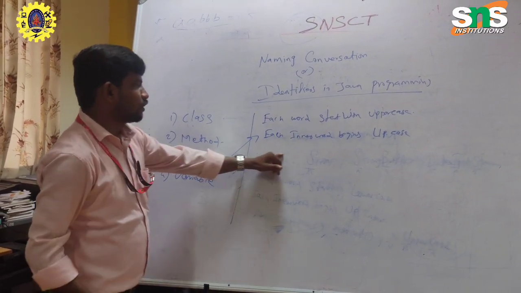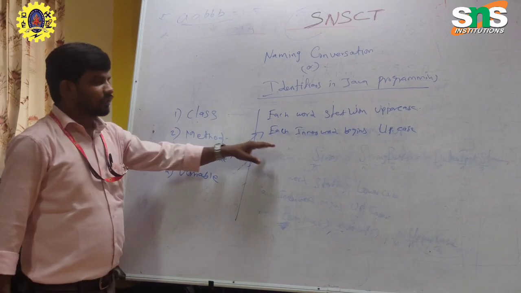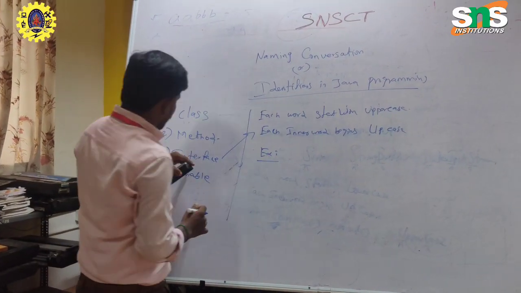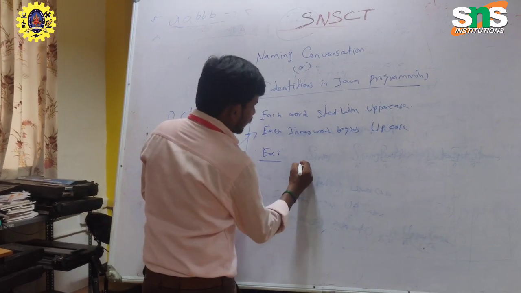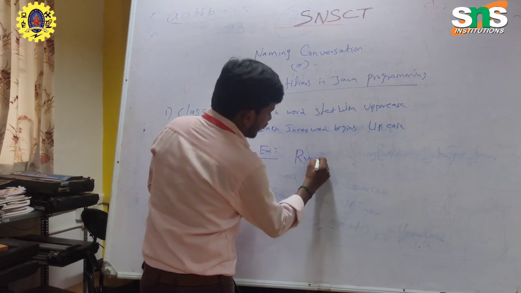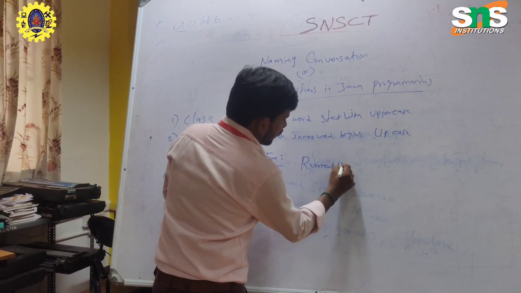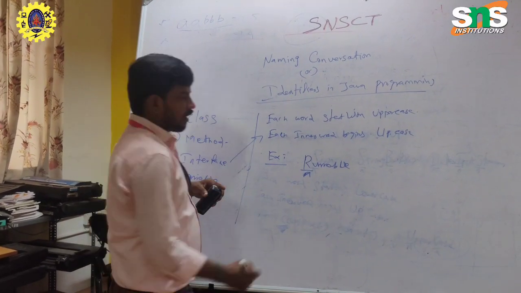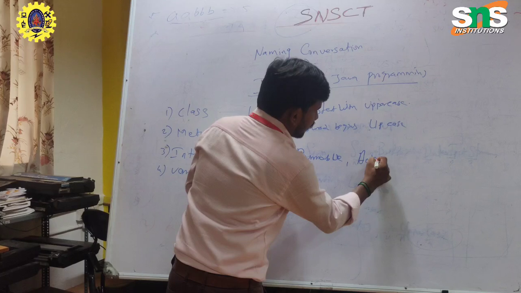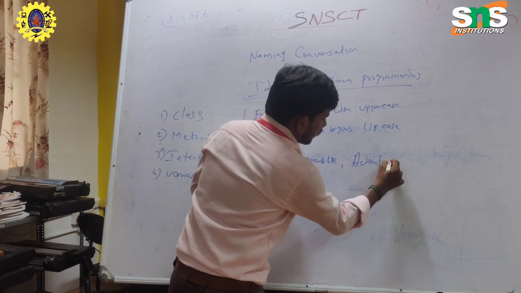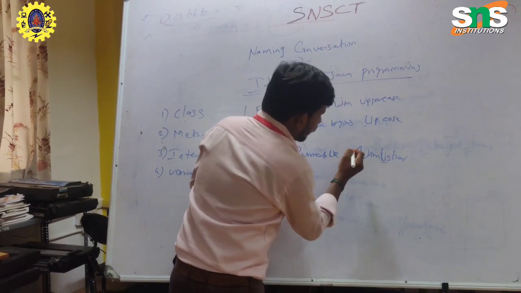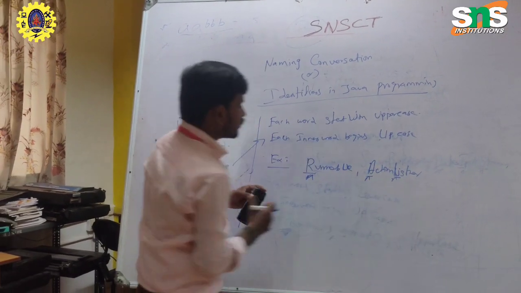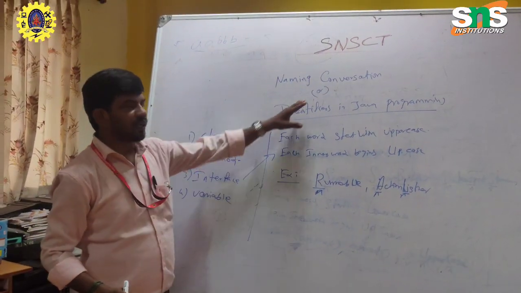For example, Runnable: R is uppercase. ActionListener: A and L are uppercase. So this is the interface naming convention in Java.